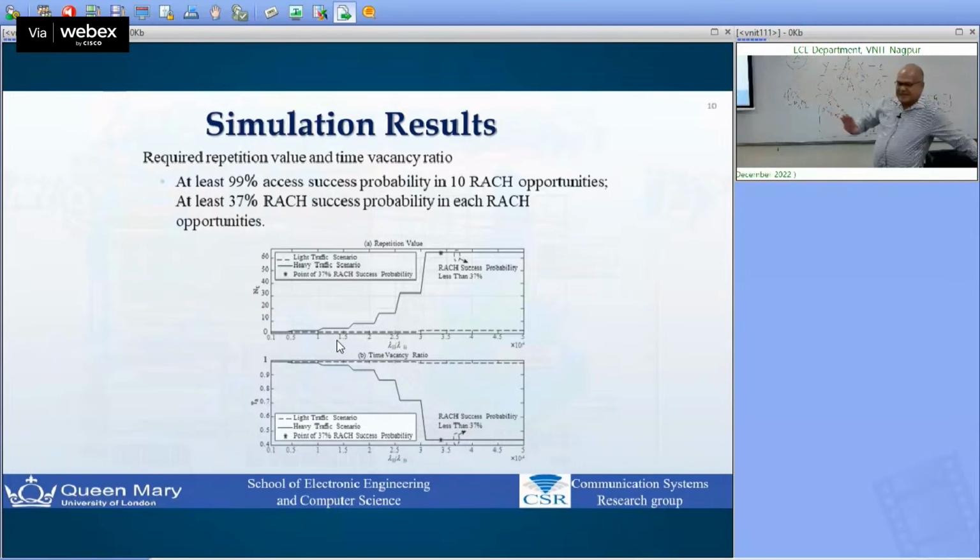Here we just consider only one region to see what the repetition factor should be. The repetition factor for each region varies. In this case, we haven't considered three regions, just the base station within a circle, not three separate regions. Every region will be different. So we just considered only one region with a certain radius.